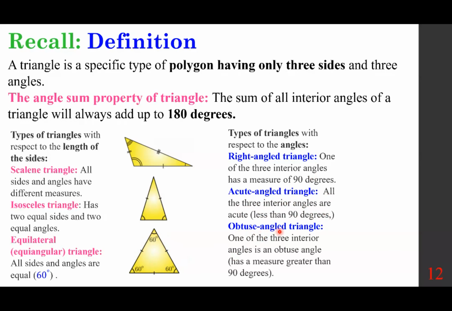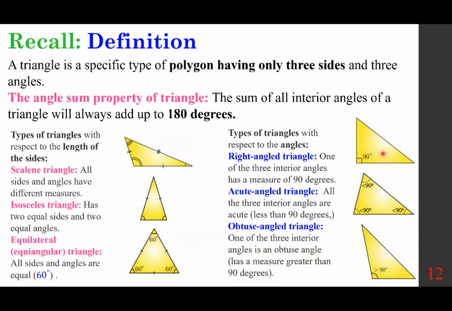Obtuse angle triangle: one of the three interior angles is obtuse, which means it has a measure greater than 90 degrees. Examples: this is a right triangle. This one is less than 90. We may not even know what it is, but this is clearly larger than 90 degrees. So I just wanted to refresh your memory about various types of triangles and their names.